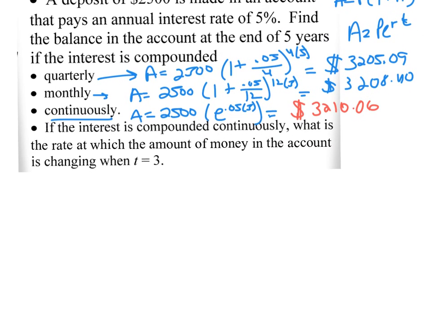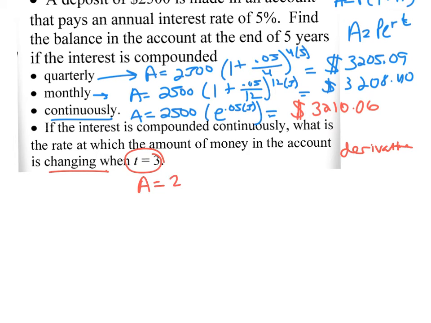This is where the calculus comes in. It says if the interest rate is compounding continuously, what is the rate at which the amount of money in the account is changing when t equals 3? If the rate at which the account is changing, that means the slope, that's right, derivative. So first of all, write the formula.